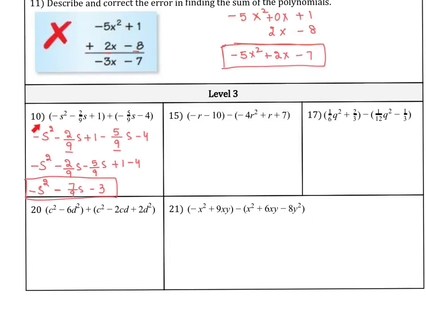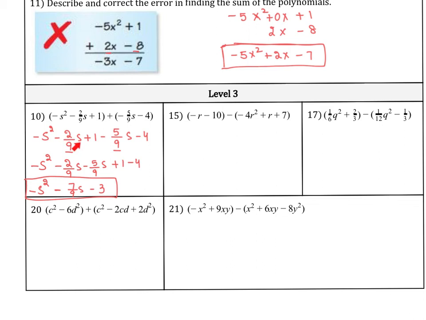So for number 10, we are going to combine the like terms as we were doing in other problems. So negative s squared as it is, negative 9s plus 1 minus 5 over 9s minus 4. Negative s squared as it is because there is no other term to be combined with.